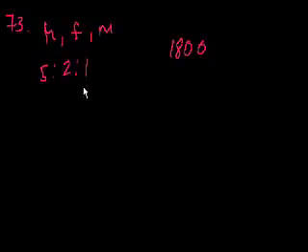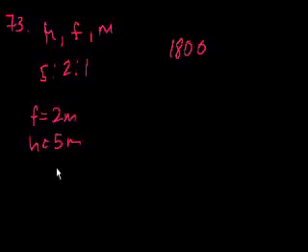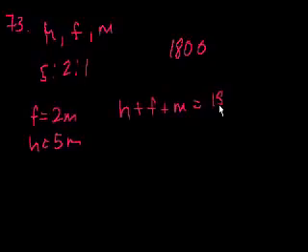So we could view it this way. Food is going to be twice the miscellaneous, and household is going to be 5 times the miscellaneous. So household plus food plus miscellaneous is equal to 1,800.